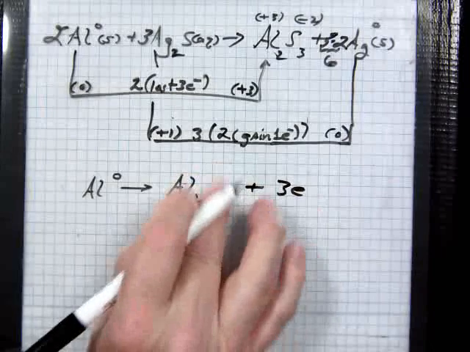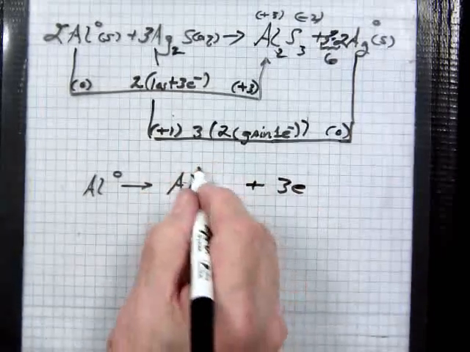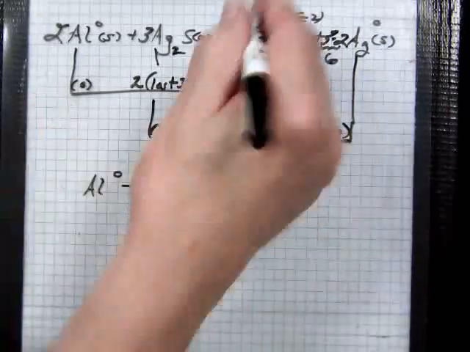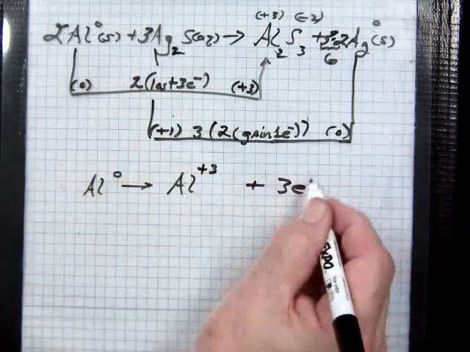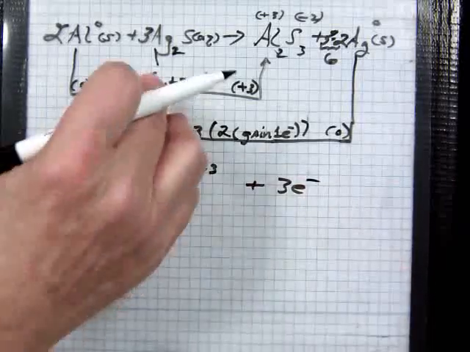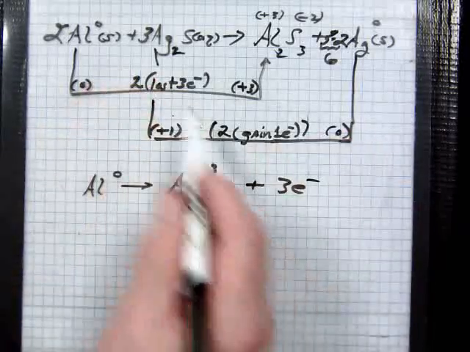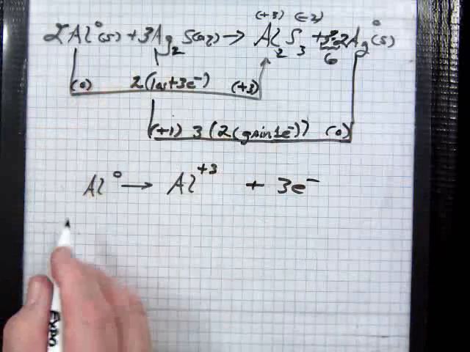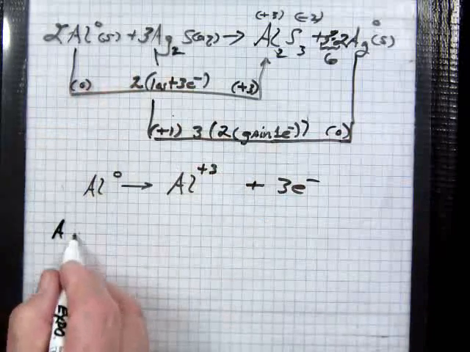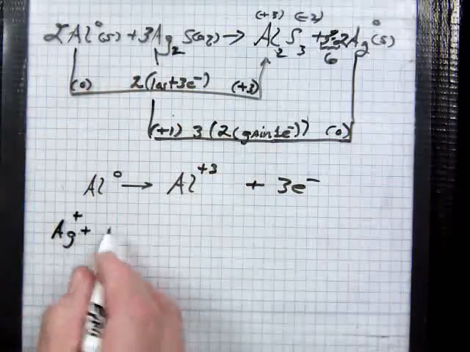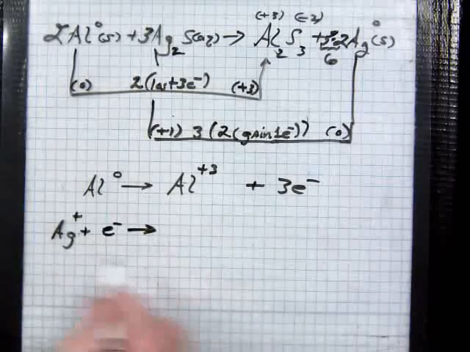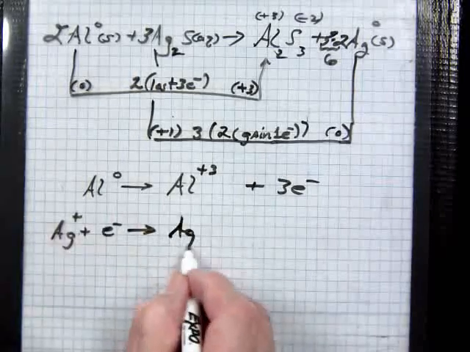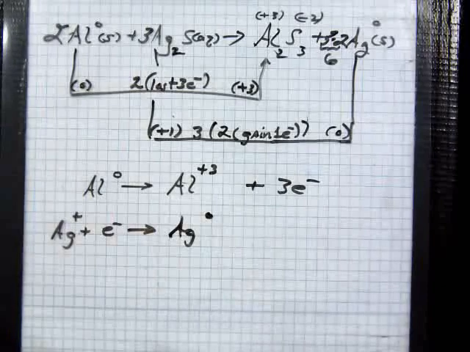I'm going to do it just in aluminum. Aluminum plus 3 goes into 3 electrons. I'm just going to do the 3 electron chains, show you for the individual ones. And then each silver is going to gain an electron. 1 electron goes to silver neutral, like that.